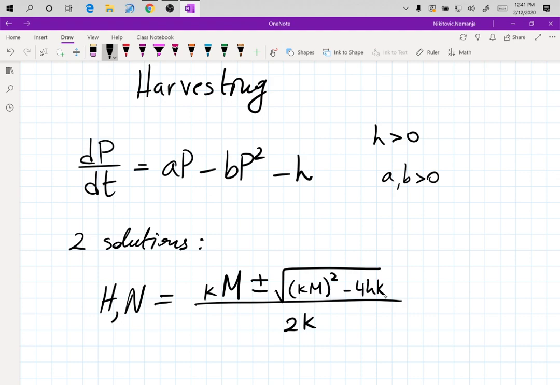And that can be simplified by simply canceling K everywhere. And it gives us 1/2 times M plus minus the square root of M squared minus 4H over K. So that's the simplified answer.